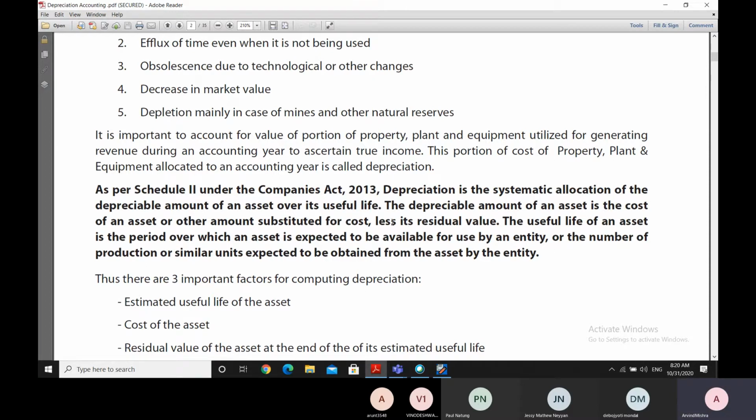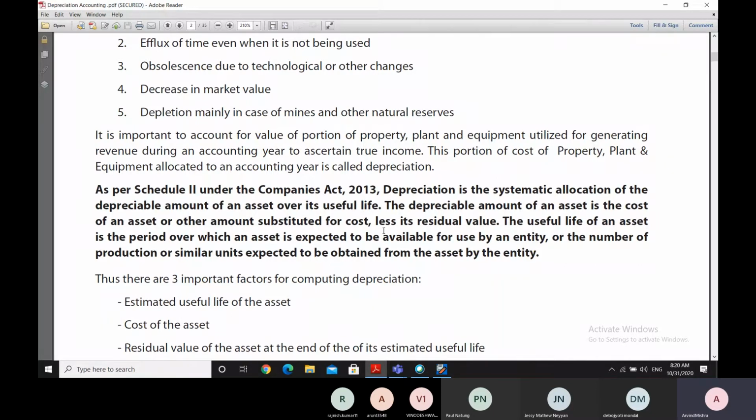The depreciable amount of an asset is the cost of an asset or other amount substituted for the cost, less its residual value. So what is the depreciable amount? The total depreciable amount is the cost, or if it didn't cost us anything, we can substitute a certain amount as the cost, and then reduce the residual value.